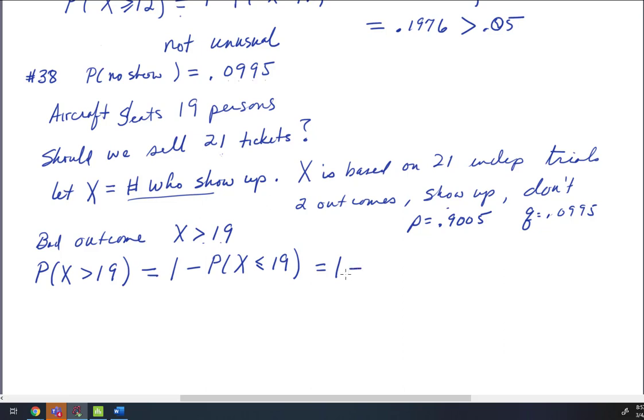Now we can go to Minitab and calculate that. Before we go, let's remember that X is binomial, N is 21, and P is 0.9005. So we're going to need that information.